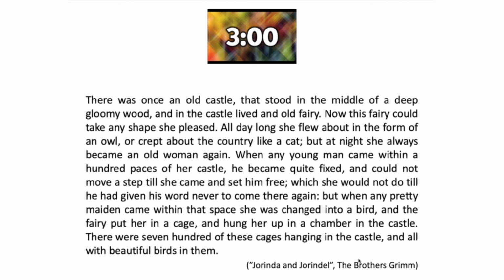But when any pretty maiden came within that space, she was changed into a bird, and the fairy put her in a cage and hung her up in a chamber in the castle. There were 700 of these cages hanging in the castle, and all with beautiful birds in them.